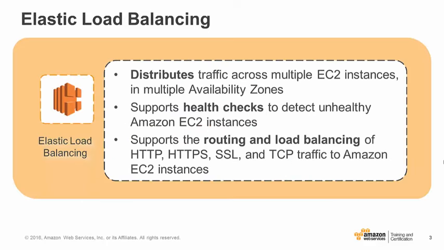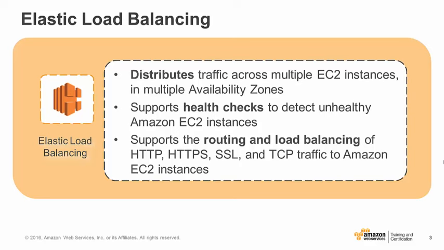Understanding elastic load balancing includes concepts around our classic load balancer, our application load balancer, and comparing the two. Elastic load balancing automatically distributes incoming application traffic across multiple Amazon EC2 instances. It enables you to achieve greater fault tolerance in your applications and seamlessly provide the amount of load balancing capacity needed in response to incoming application traffic.